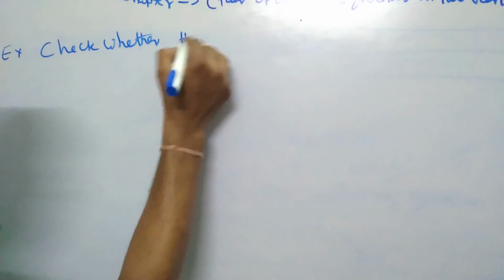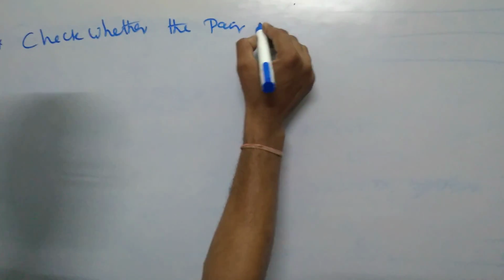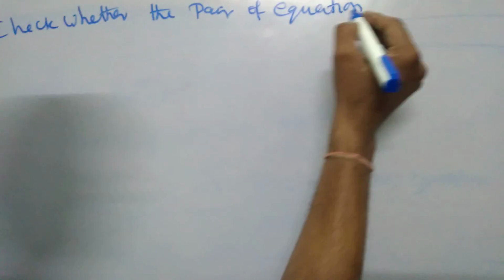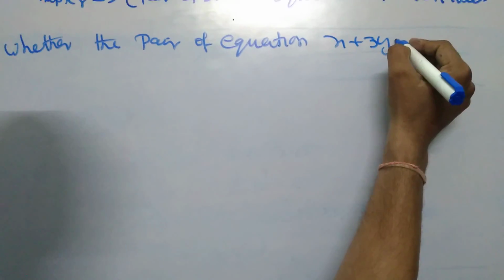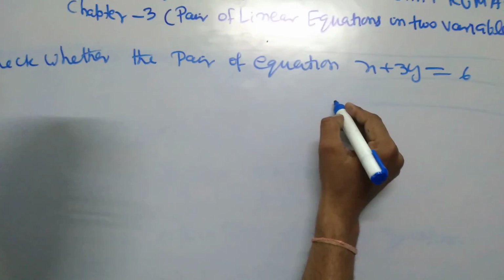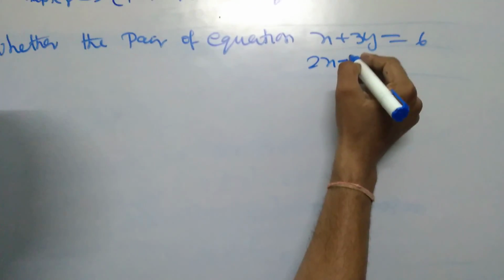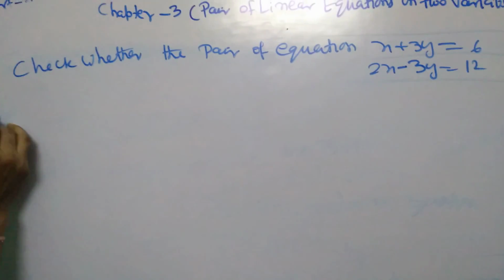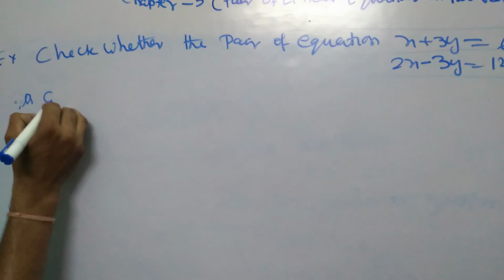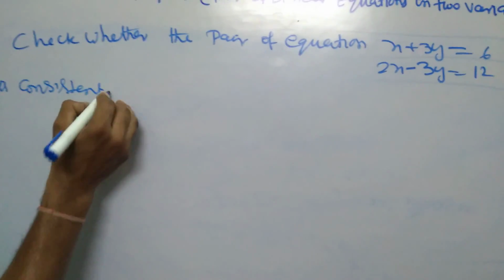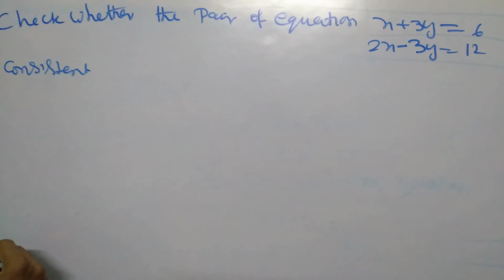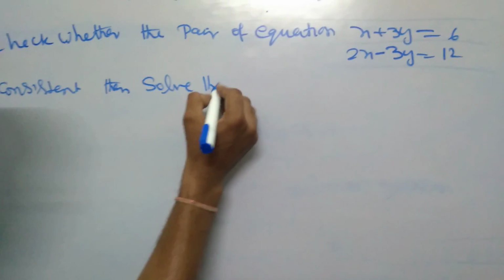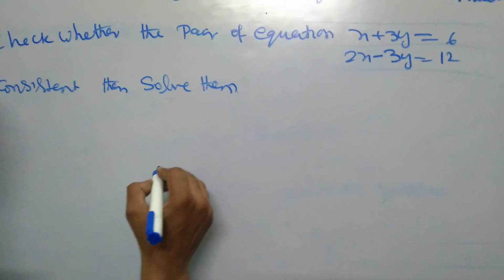Whether the pair of equations x plus 3y is equal to 6, 2x minus 3y equal to 12 is consistent, if so solve them graphically.